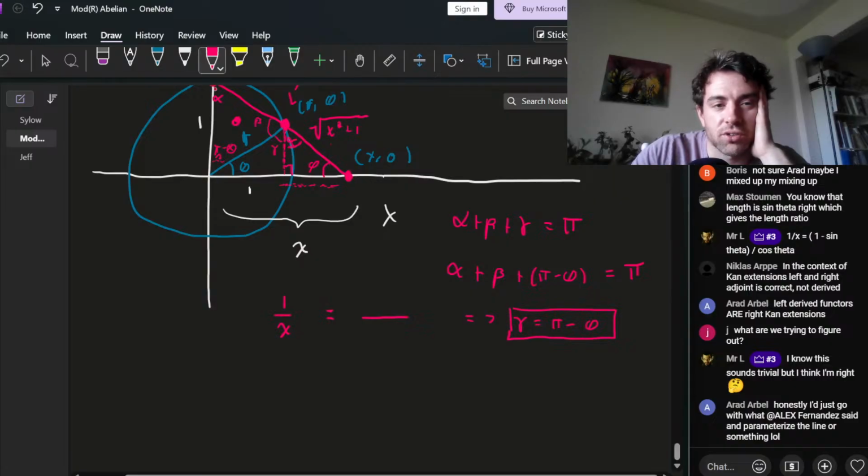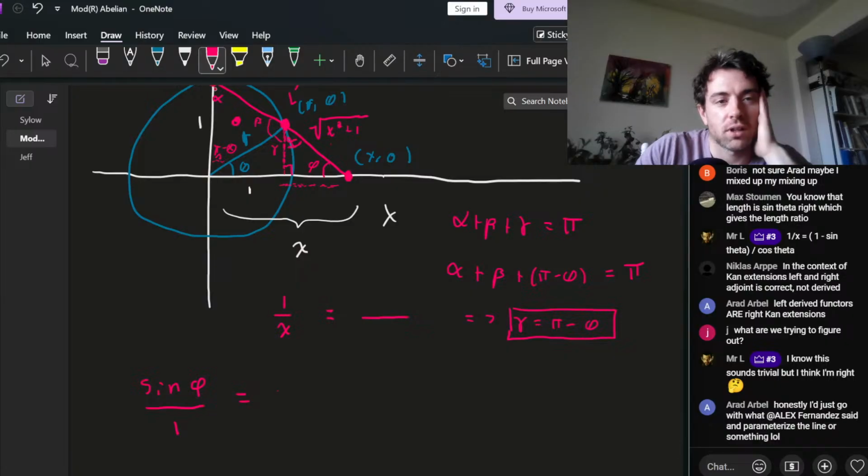Okay, we have the distance to here. The distance to here is x. So sine phi over its opposite in the big triangle, which is 1, should be equal to sine alpha over its opposite in the big triangle, which is x.